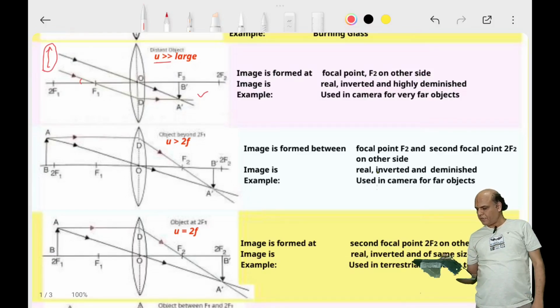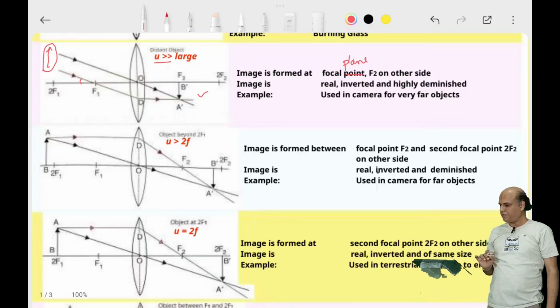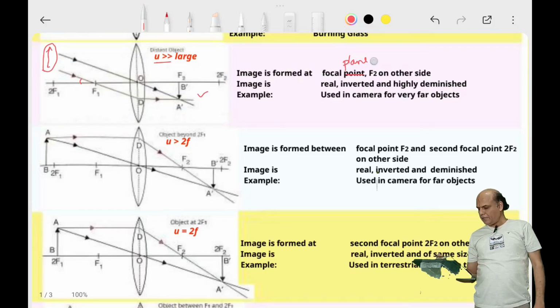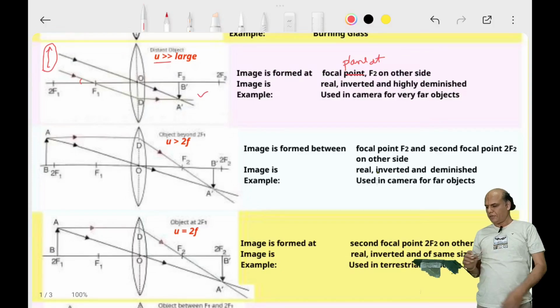So here if you see, it should read focal plane actually. Image is formed at the focal plane, at focal point f2 on the other side.